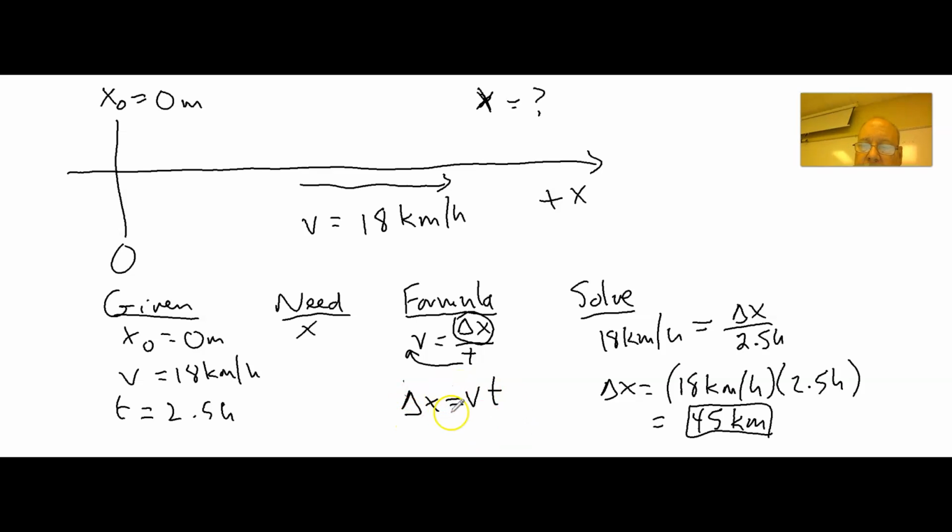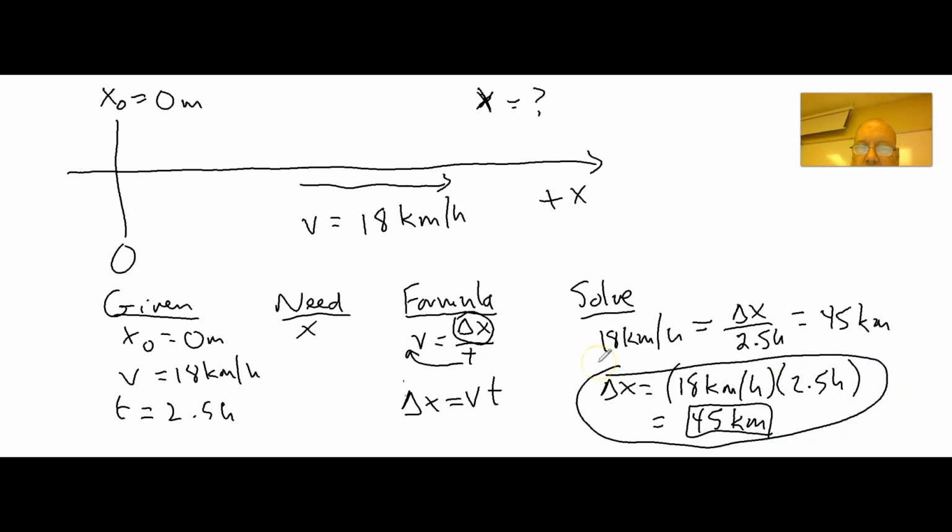I'm going to make it a habit of showing you how to isolate the variable and then plug the values in to get my answer. We get the same answer in both cases, right? We get 45 kilometers. But I'm going to show you that this way of doing things ultimately is easier and more effective at preventing mistakes.